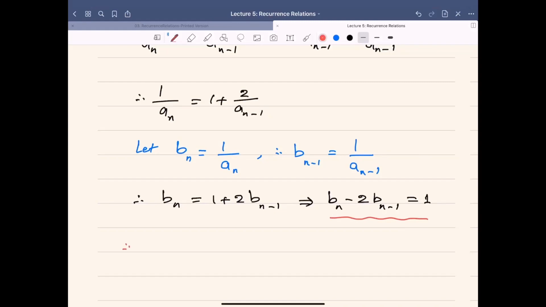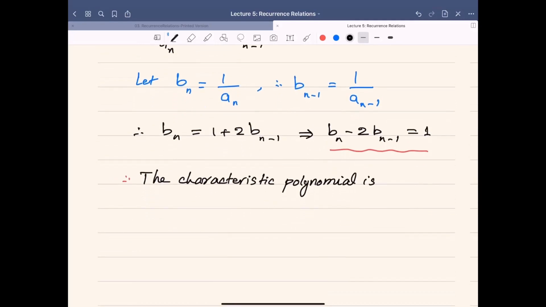So the characteristic polynomial is x minus 2 multiplied by x minus 1 for the non-homogeneous part for the function. So we have two roots, r1 is 2 and r2 is 1.